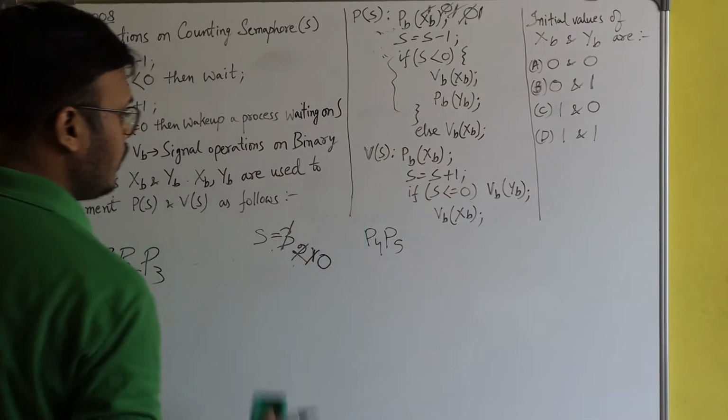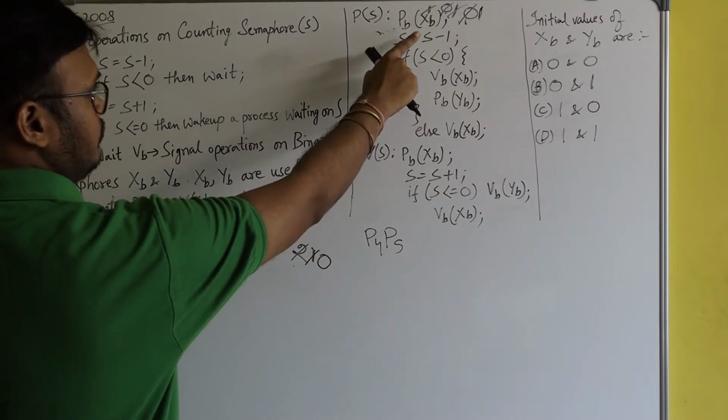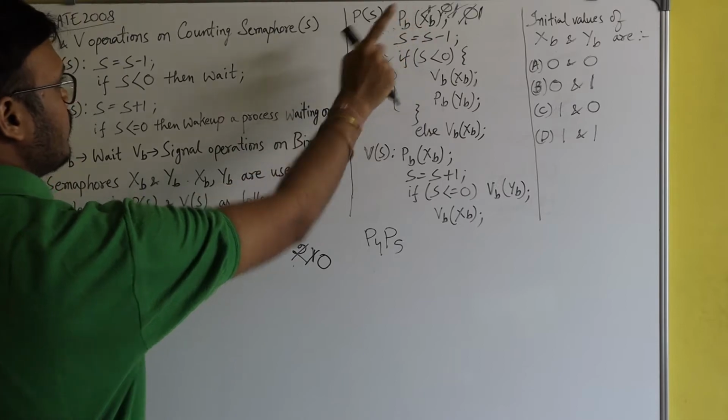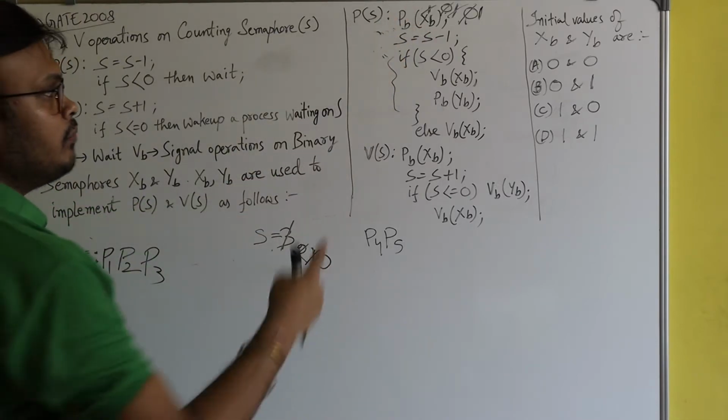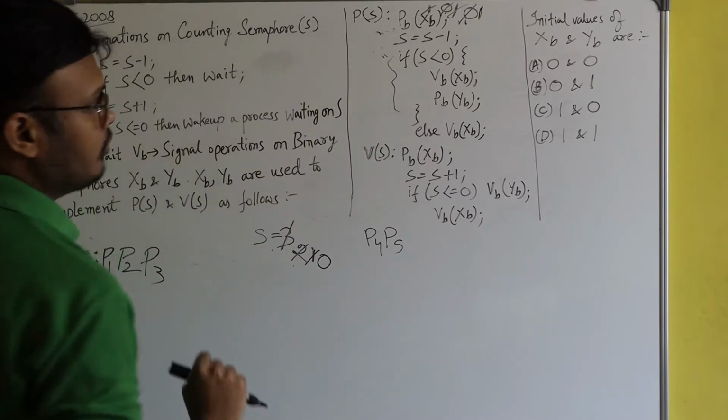Now here you can see what XB is doing. XB is a binary semaphore. It is providing mutual exclusion to the counting semaphore.